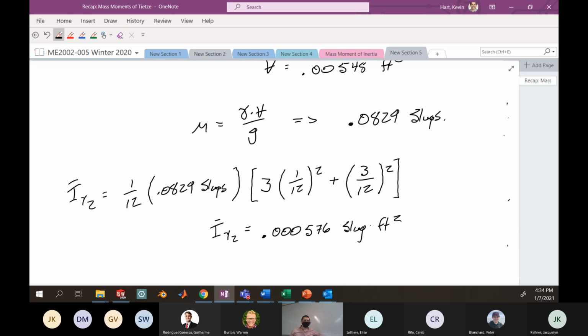Since the cylinder, which is object number 3, has the same general dimensions and is made of the same material as object number 2, I'm just going to write here, this is the same as the mass moment of inertia about the y-axis, object 3. All right, so remember this is the centroidal mass moment of inertia of these right cylinders about their own y-axes.